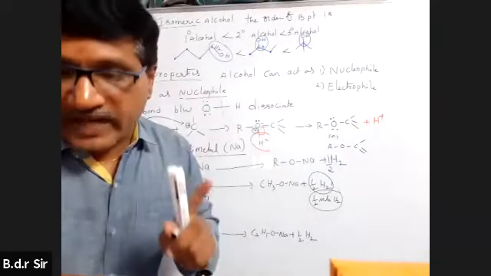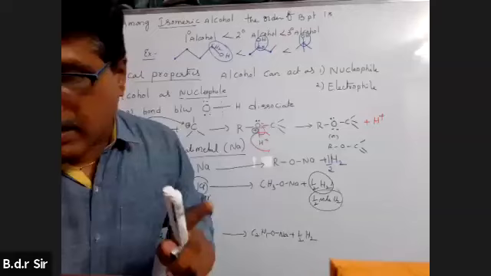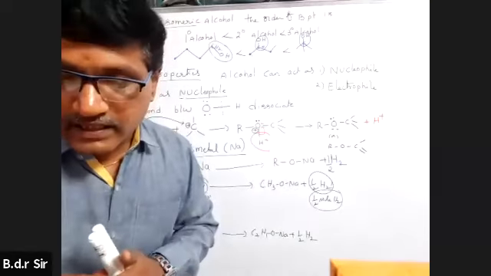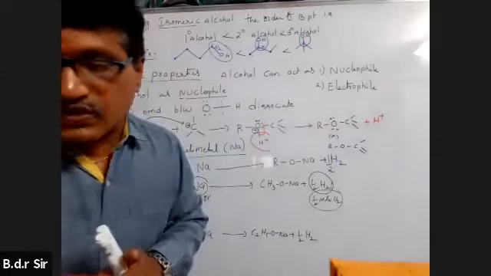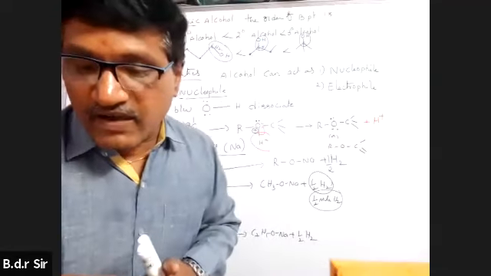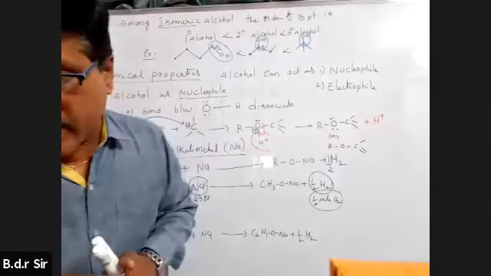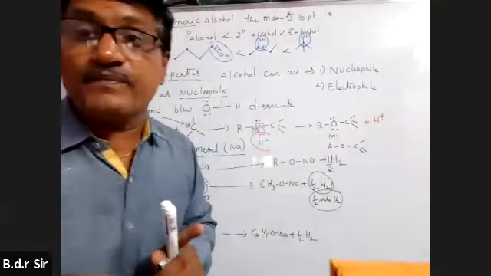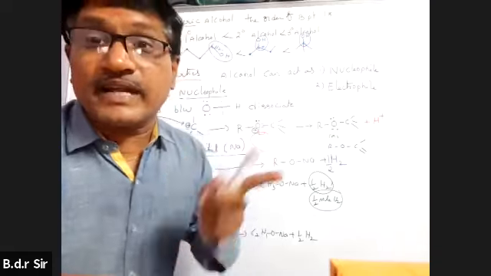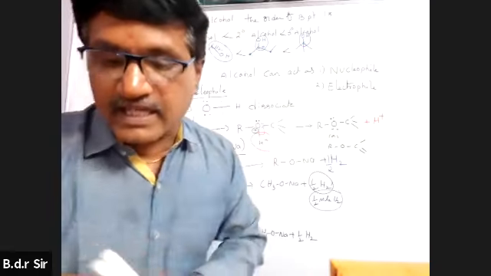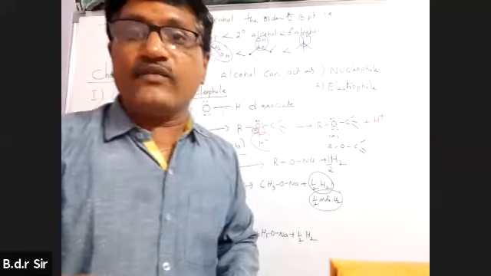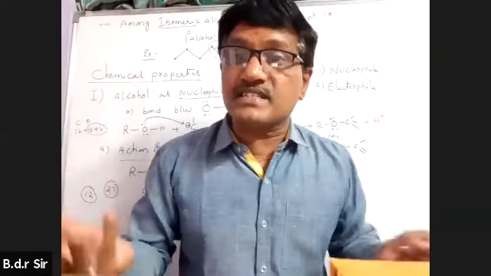When equal weights of methyl alcohol and ethyl alcohol react with excess sodium metal, the volume of hydrogen liberated is more in the case of which? Keep in mind the equal weight of methyl alcohol and ethyl alcohol. The weight is the same, but which is different?